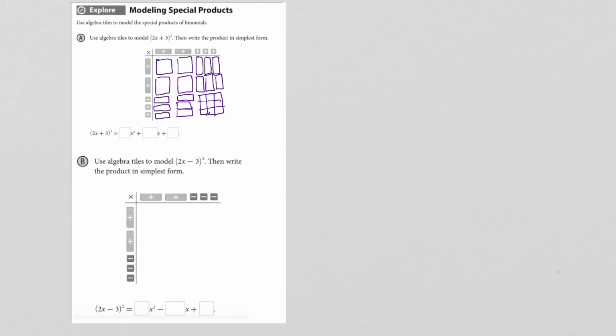So what do you wind up having? There's 4 x squareds. There looks like 12 x's and 9 of those things. 4x squared, 12 x's, and 9 of those things. And wasn't the formula for this one a squared plus 2ab plus b squared? Well, what's a?